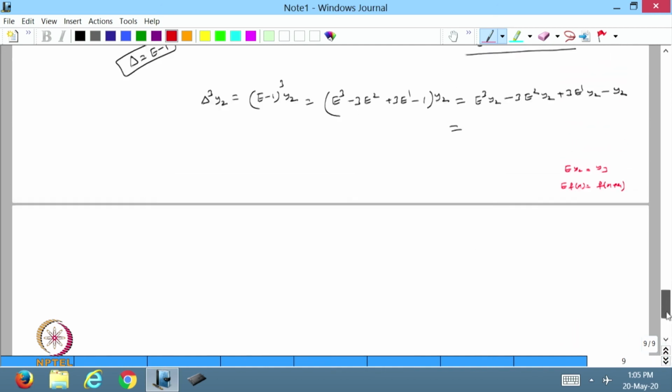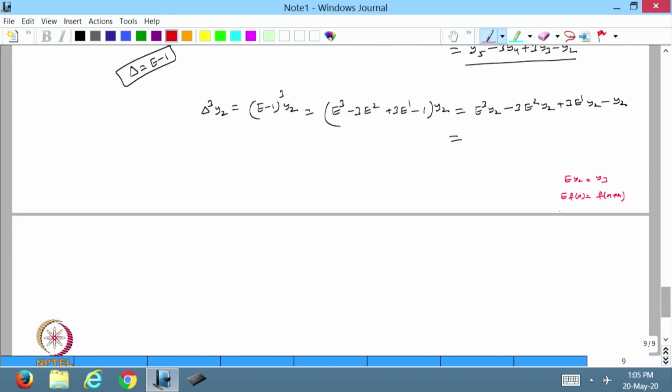Here y2 means I am applying E on f(x2), which equals f at x2 plus h, that is f at x3, and that is y3.